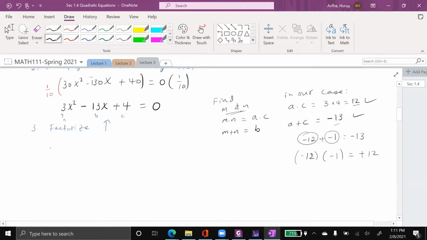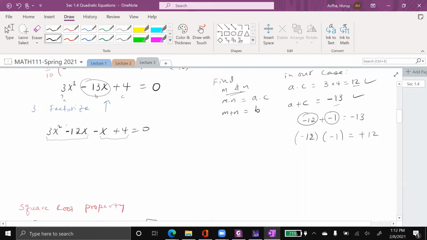So what I will do is 3x squared minus 12x, and I'm breaking the middle term into two parts based on that, minus x. This is minus 1x, because negative 12 plus negative 1 gives negative 13. Now you factorize this one. You take the common factor from these two, just pair.